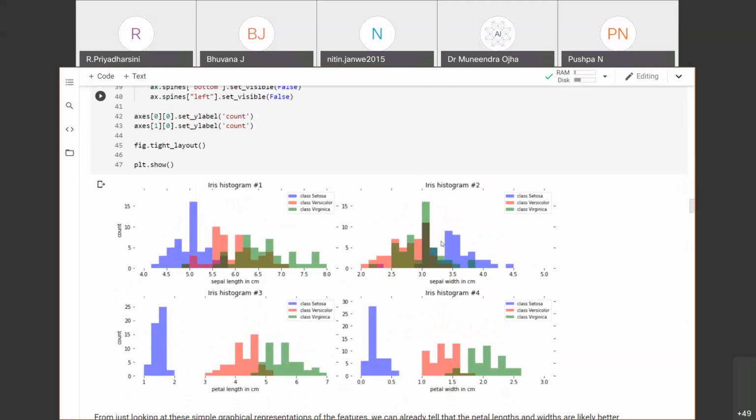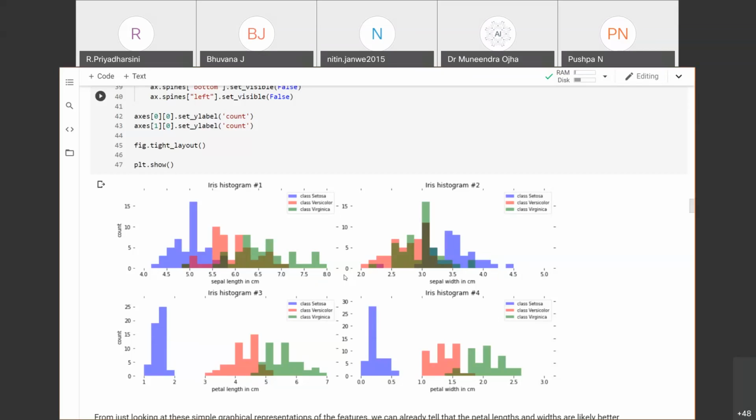There are four features, right? What kind of pattern each feature gives us is very visible from this diagram. That is why sometimes visualization is so important, that it gives you a very nice idea of how to proceed with the mathematical model that you are going to create.